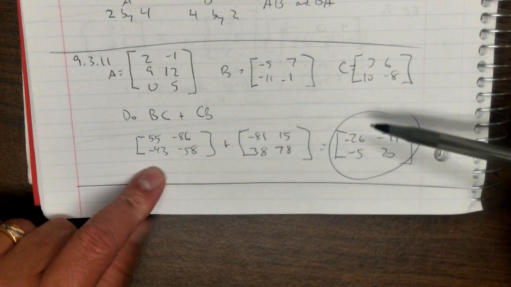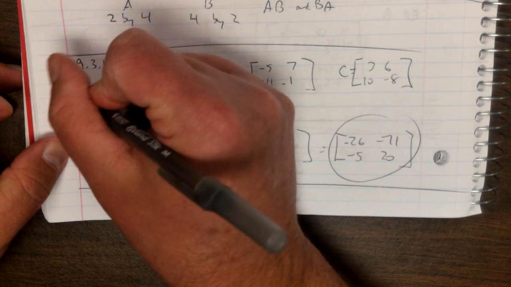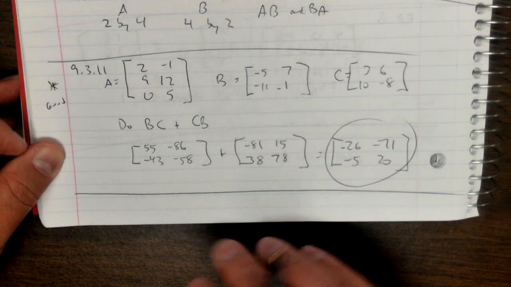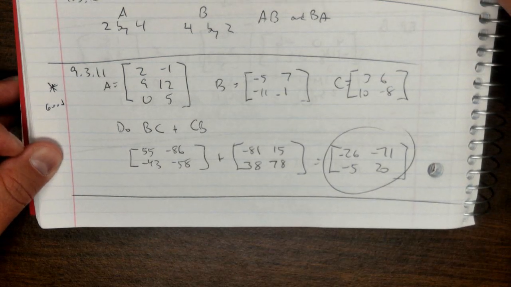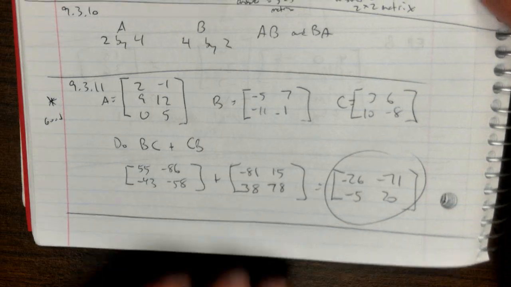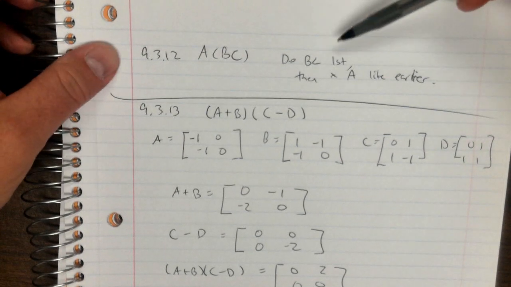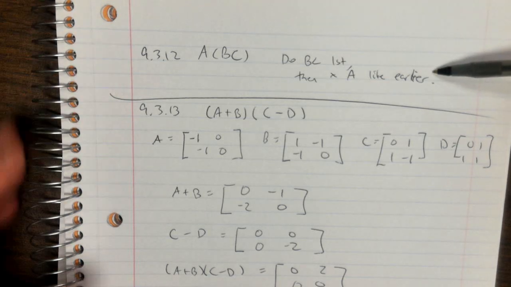Add them together and you get this. So that's another good one, because the order matters. And you don't get 0. And then this one, you're just doing BC first and then multiply by A like we did before.